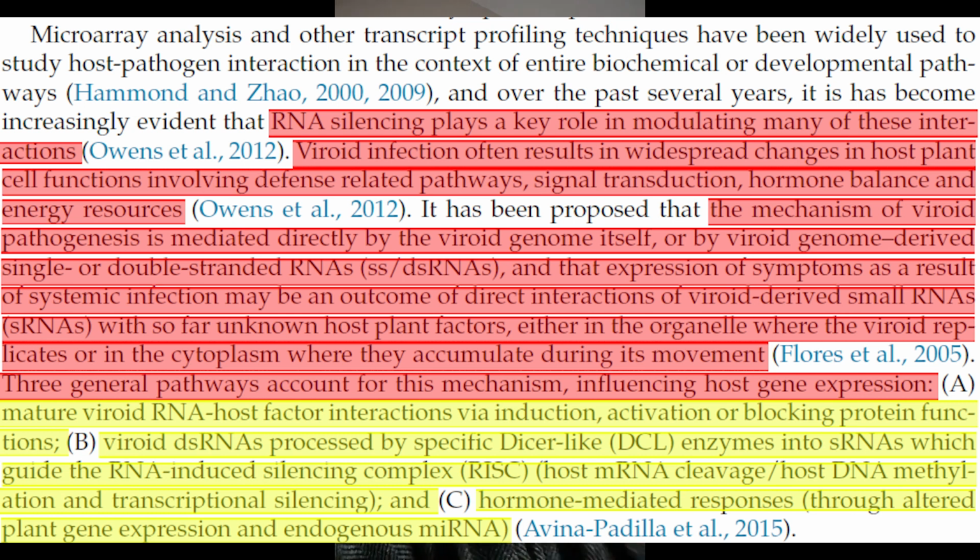They say here that 3 general pathways account for this mechanism influencing host gene expression. So viroids, basically like a lot of other organisms, both mutualistic and parasitic, whether they're fungi, bacteria, oomycetes, or in this case viruses and viroids, are able to elicit genetic responses, genetic changes, or actually modify genetic expression themselves.